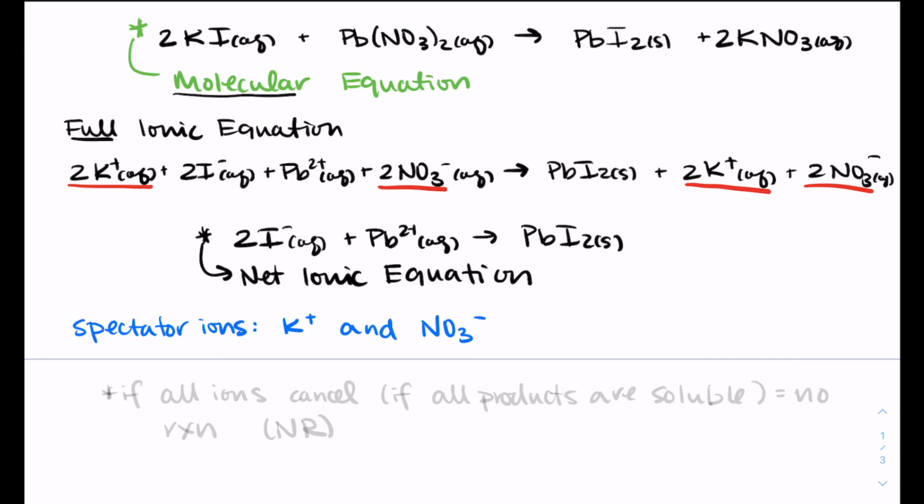If you write a full ionic equation and start canceling things that appear the same on both sides and all of the ions cancel, we refer to that as no reaction. Sometimes you'll see the instructions tell you to just write NR if it's no reaction.